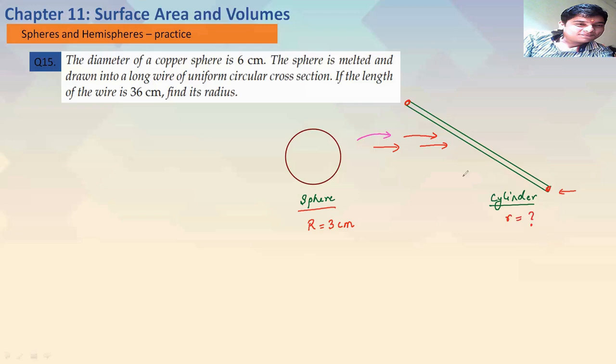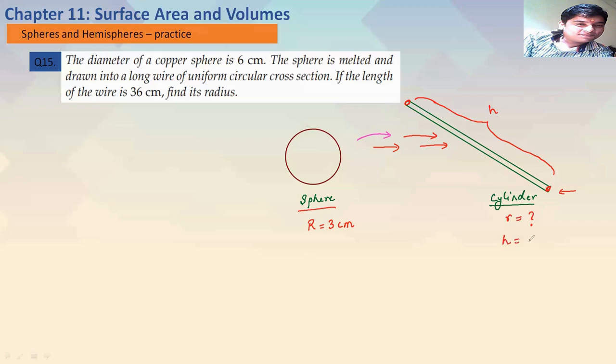Okay, what is the height of the cylinder? What can you infer from the question? What is the height of the cylinder or length of wire? 36 centimeters.